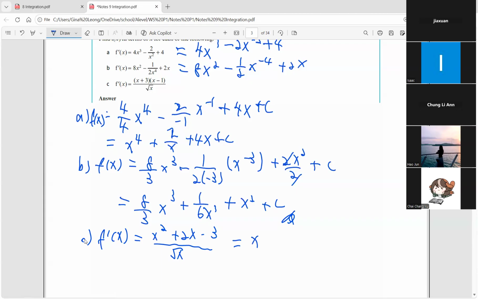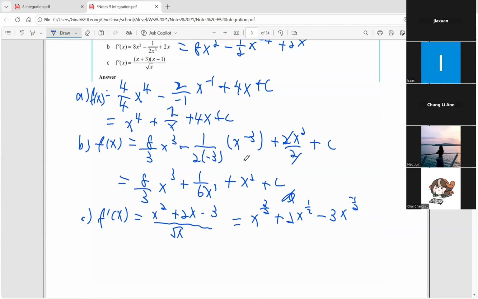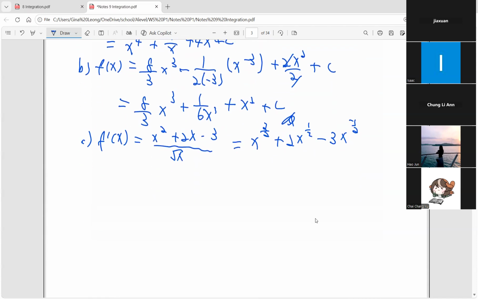So 2 minus half is 3 over 2, plus 2. 1 minus half is actually half. Then after that you minus 3x. Then you have negative. After I simplify everything, then only I start to do my f x.